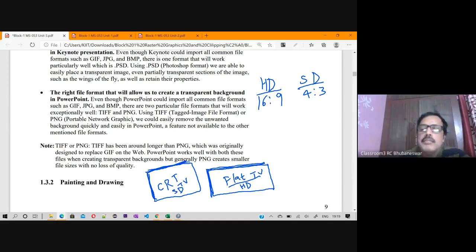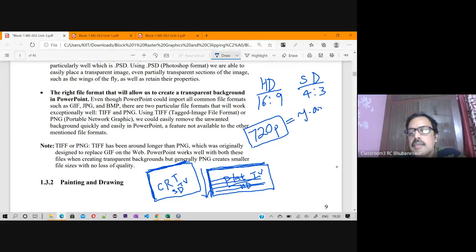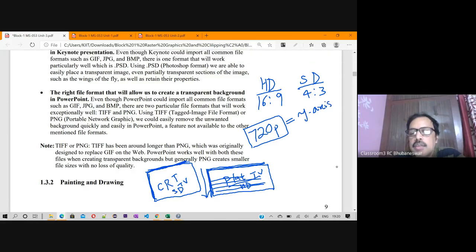Keeping that in mind, if 720p is given, the p is for progressive scan, meaning it scans in this direction. So 720p means 720 pixels on the y-axis. Then we need to compute the x-axis: 720 divided by 9 into 16. Why 9?